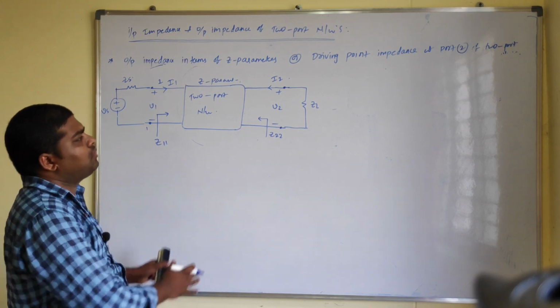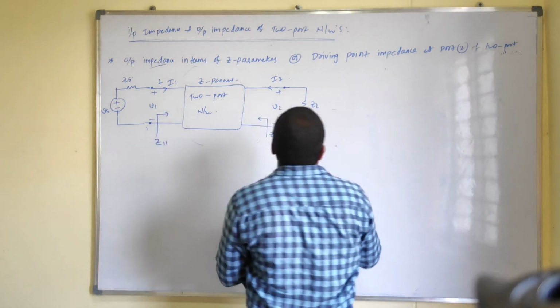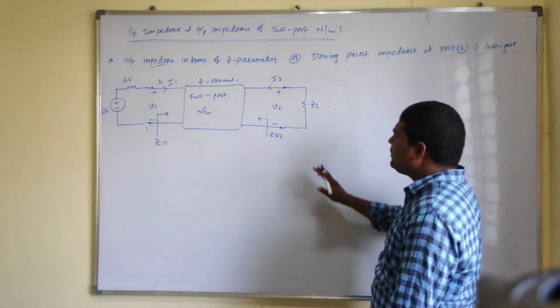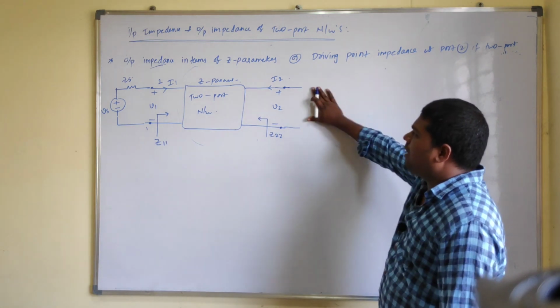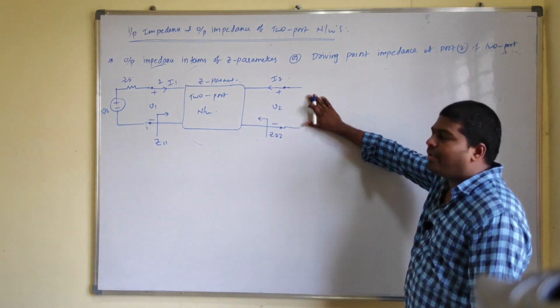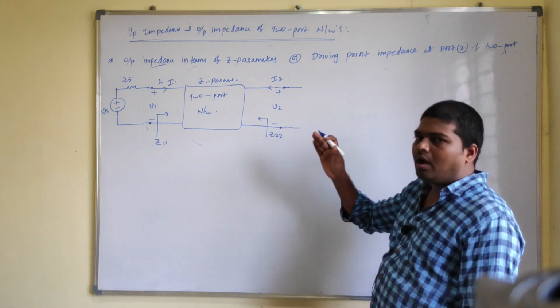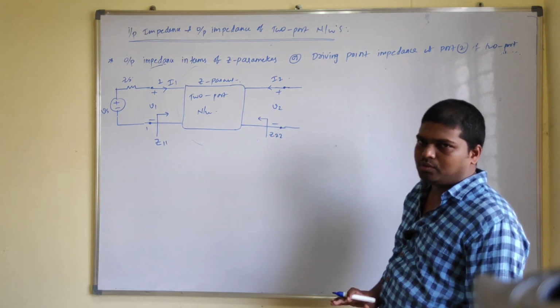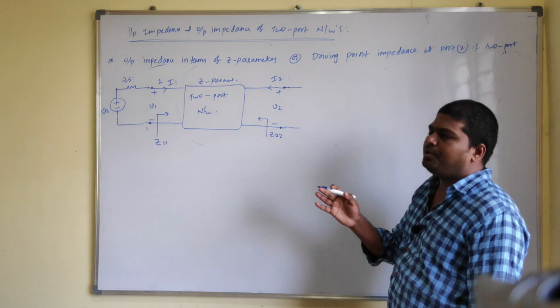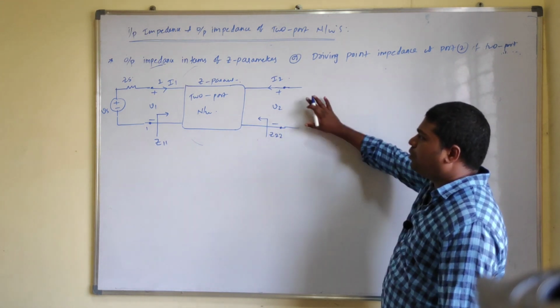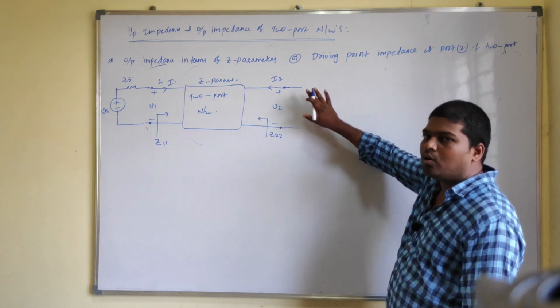That means you have to move to port 2, right? So this is your port 2. You can remove this load impedance, and add one ideal voltage source. In order to evaluate the output impedance, first you need to focus at port 2, the output side.